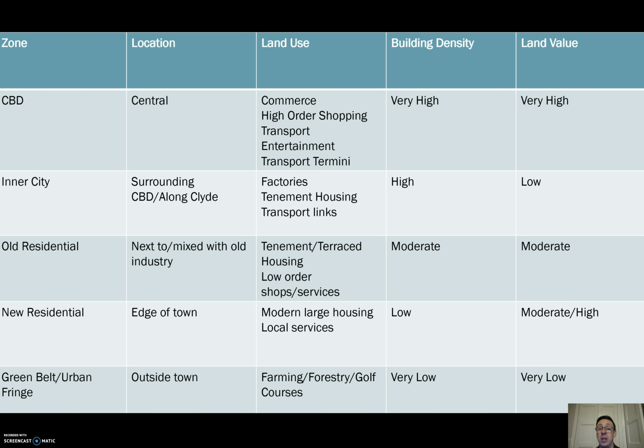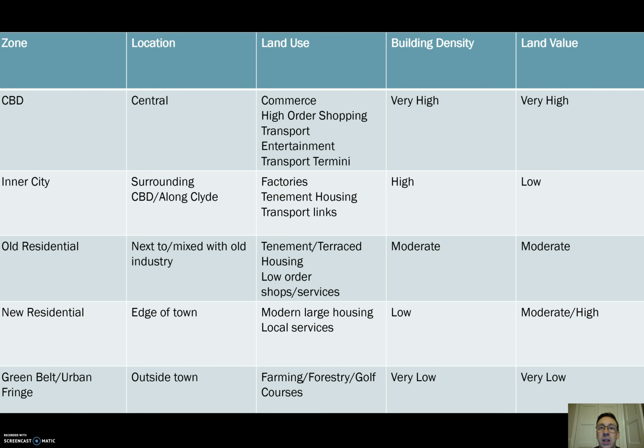If you leave the CBD, you enter the inner city. The inner city is an area where traditionally most of the heavy industry or manufacturing in a city would have been practised, and this is very much the case for Glasgow. In Glasgow, the inner city runs outside of the CBD along the River Clyde.